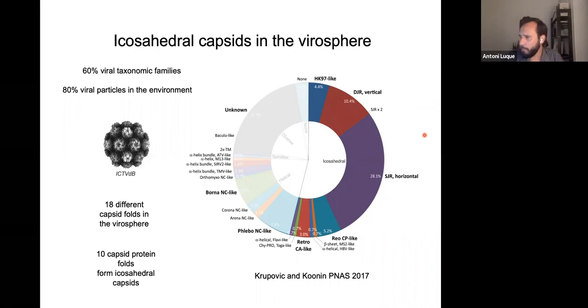So this means that if we are able to understand how the capsid protein fold relates to the icosahedral capsid, we will be able to study and understand a fair fraction of the virosphere from a structural point of view. To get there, however, we need to know what the possible landscape of icosahedral capsids that viruses could be forming is. And that leads us to the next part.